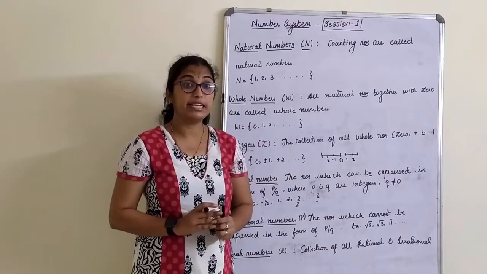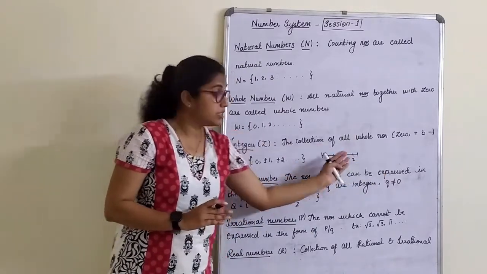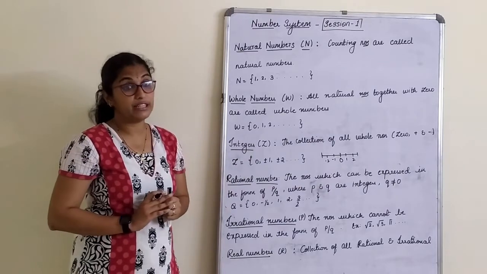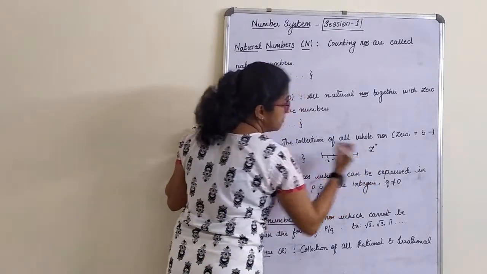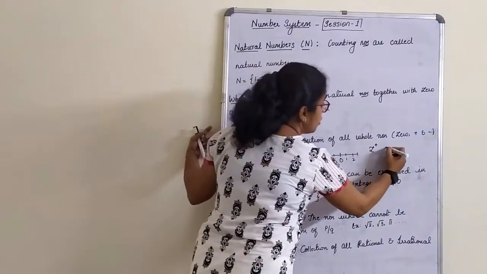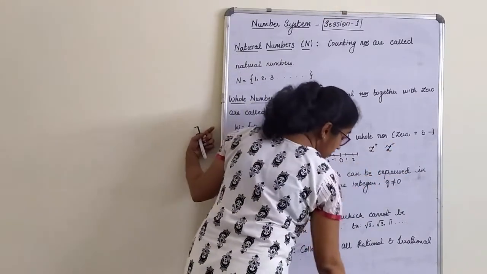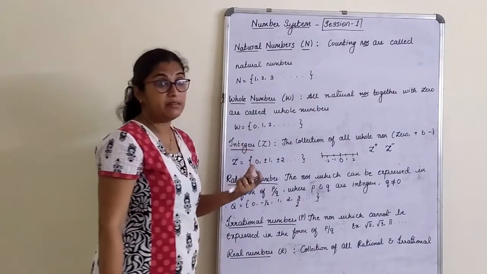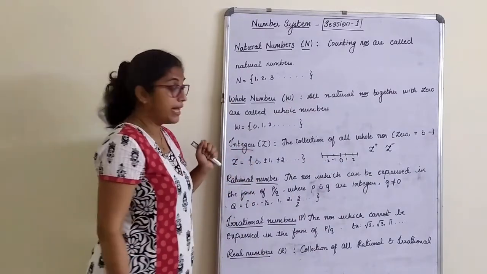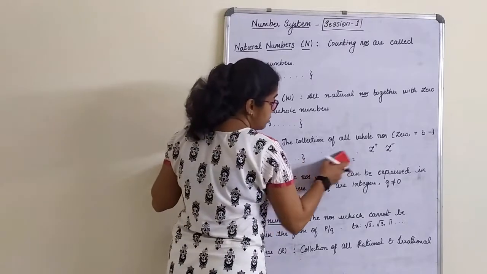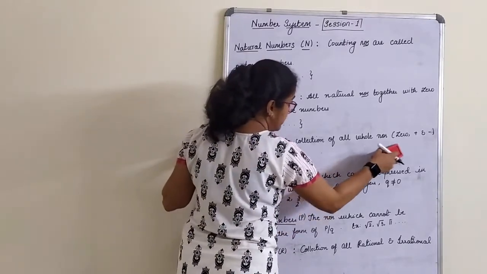These are the set of positive integers and the set of negative integers. The set of only positive integers is denoted by Z plus, and only negative integers by Z minus. Together, integers are denoted by Z. So this is the definition for integers.